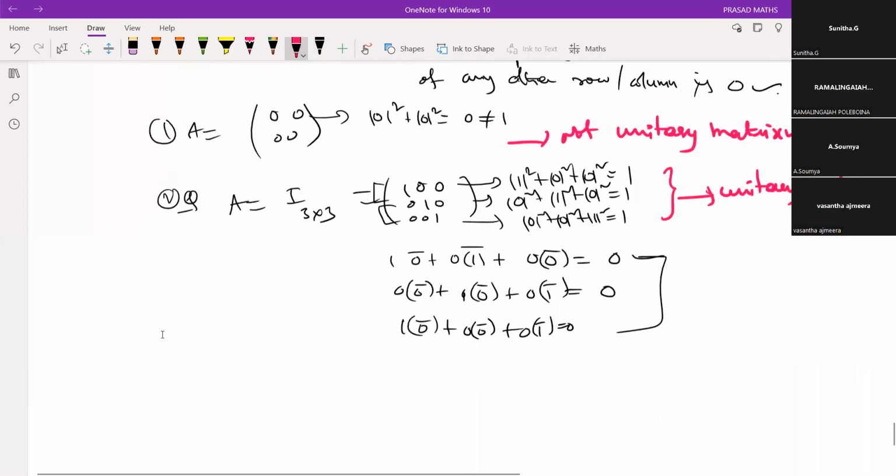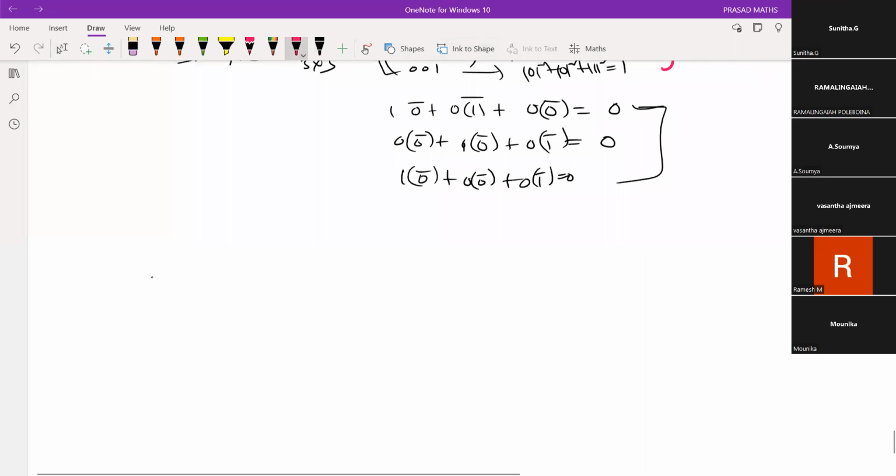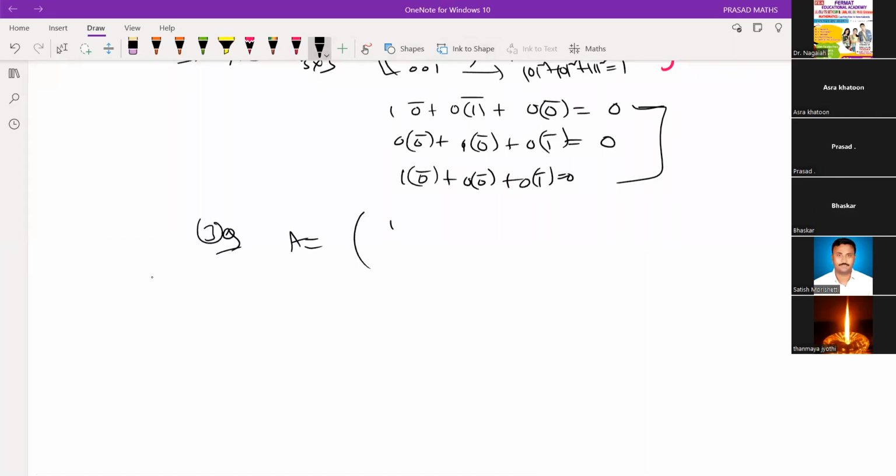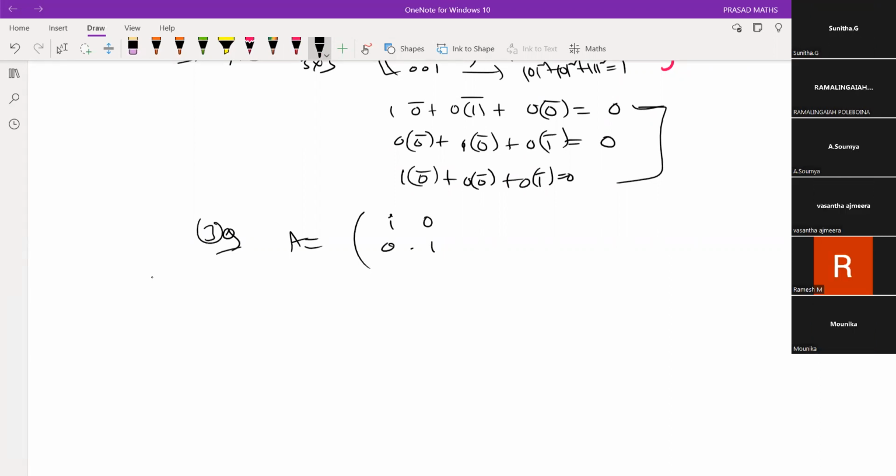Suppose you take A equal to [i 0; 0 i]. Is it unitary? The answer is yes, because of the sum of the squares of the modulus of each entry of any row. The modulus of i is nothing but 1, and 1 squared is nothing but 1.